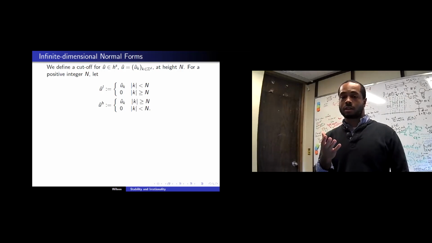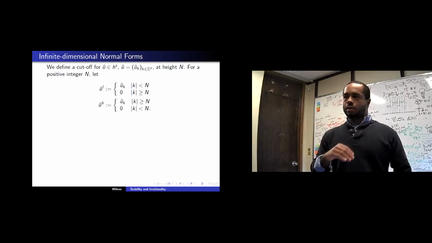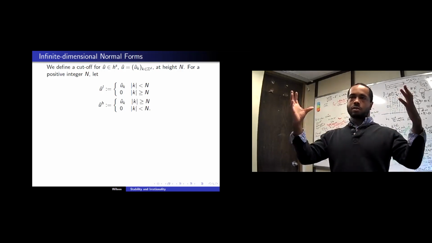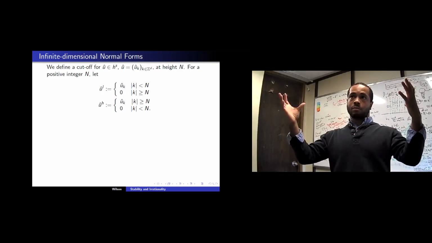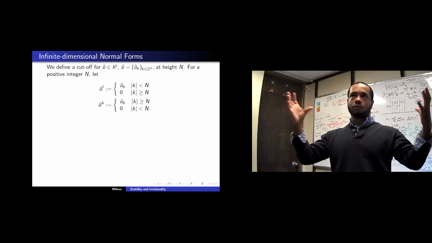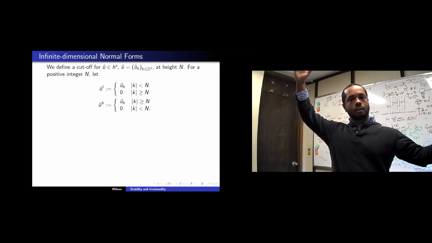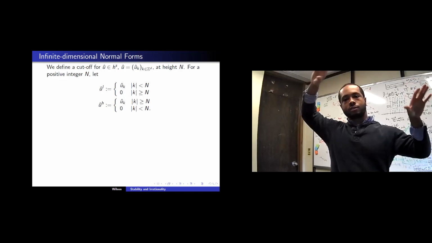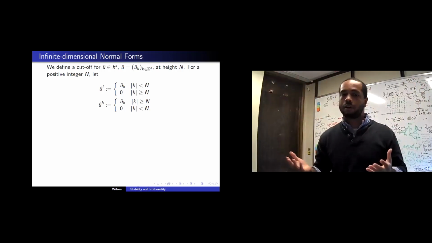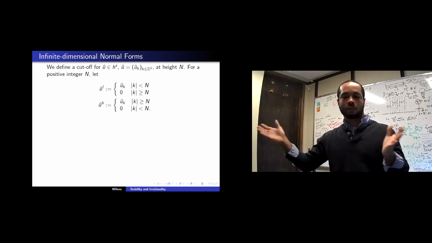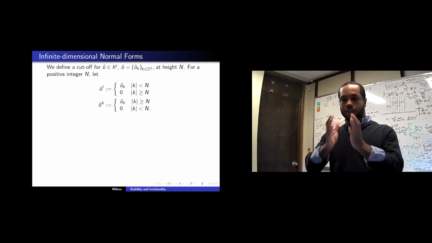The first thing that Gigliola and I did, which is a common thing to do in general, is essentially to take your system that has infinitely many variables and cut off after a certain height. You take the tails and throw them away. They're very small, since I'm taking an infinite sum, so eventually the tails get very small.